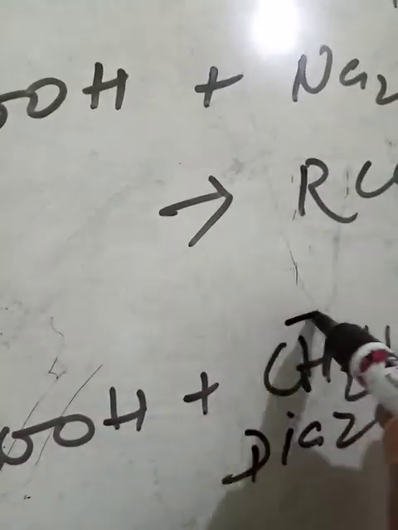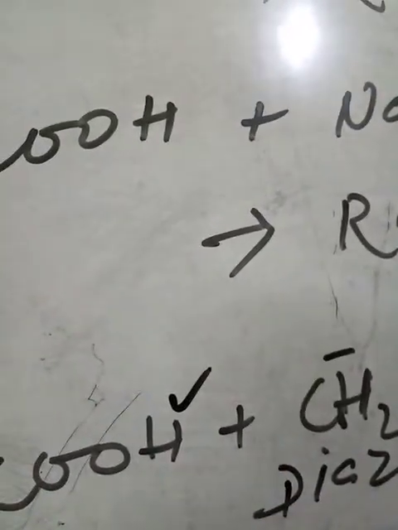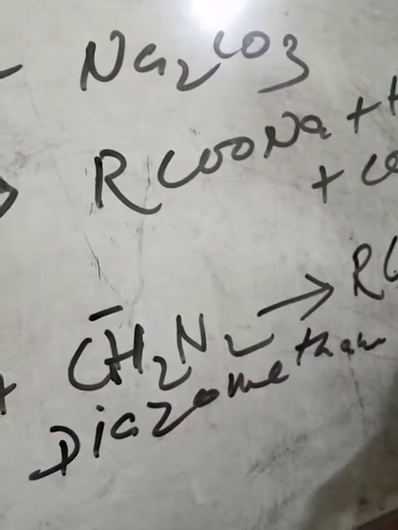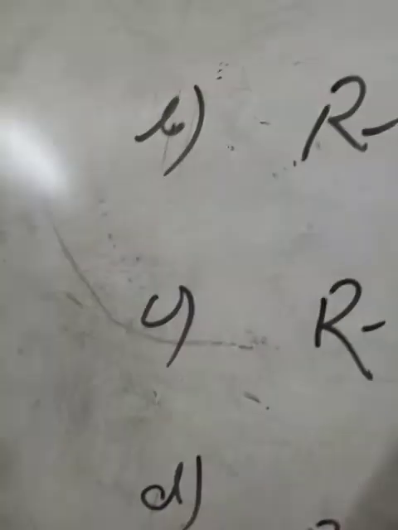Here the CH2 group will be attached to this hydrogen, forming RCOOCH3, an ester, plus nitrogen will be eliminated. So these are the reactions due to the hydrogen atom of the carboxylic group.